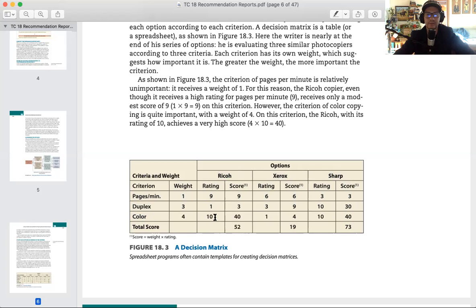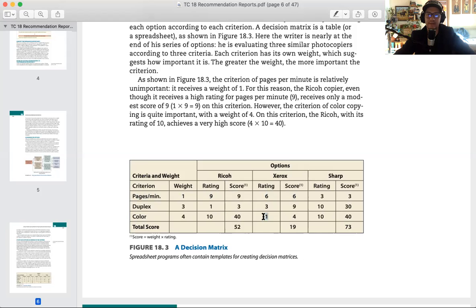So for example here, let's see, rating score. This one right here got a high score on pages per minute, 6. I mean, it's not as high as this one, right? But it only counts as 6.